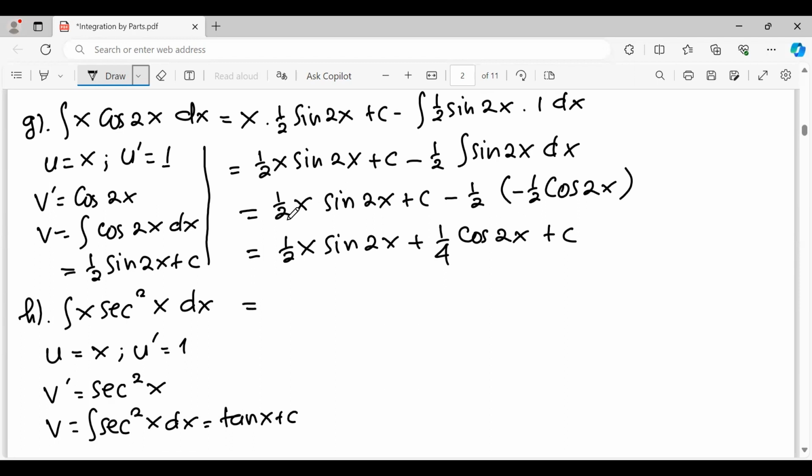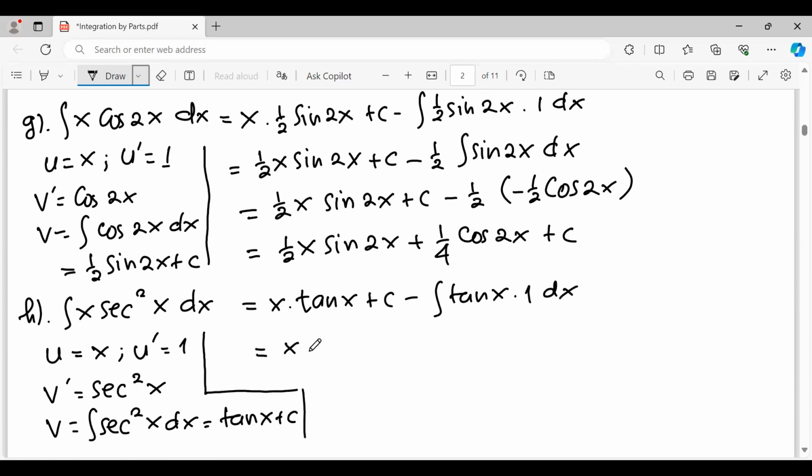This on the formula u times phi, x times tangent x plus c minus integral tangent x times 1 dx.